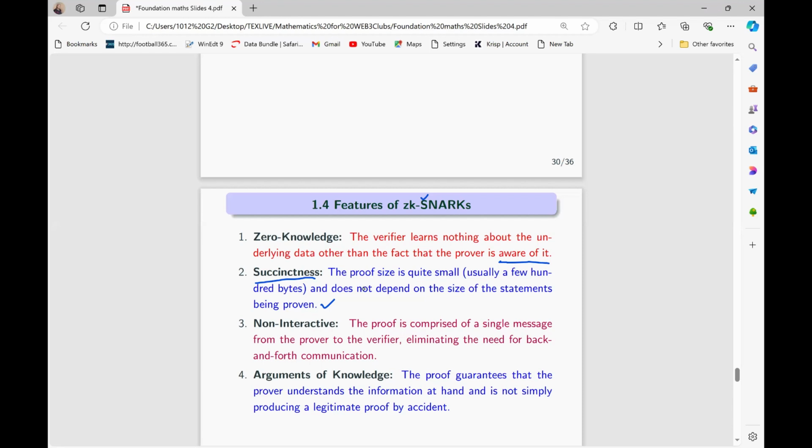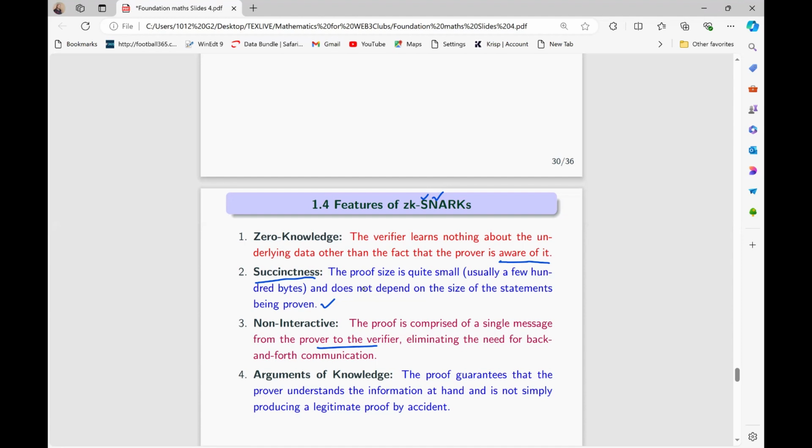And then there's the N, non-interactive. As we began, I said that the prover is supposed to send only one communication. The proof is comprised of a single message from the prover to the verifier.